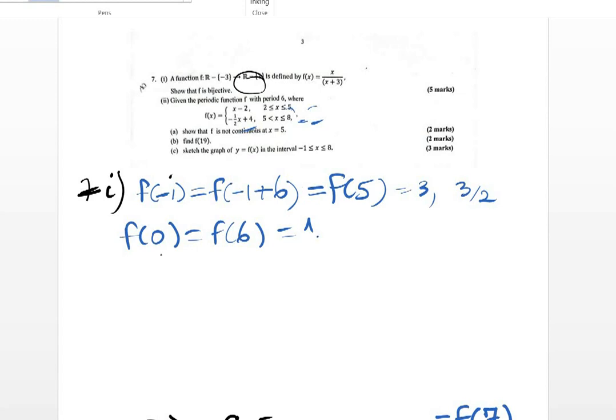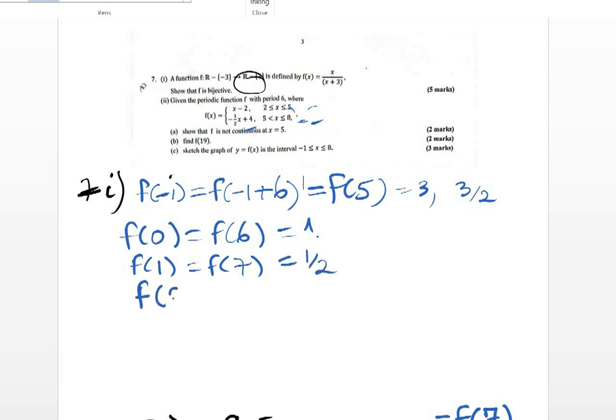So f of 0 is f of 6, which is 1. Likewise, f of 1 is f of 7, that is 1 plus 6. Putting in -7/2, -3.5 plus 4 gives us a half.